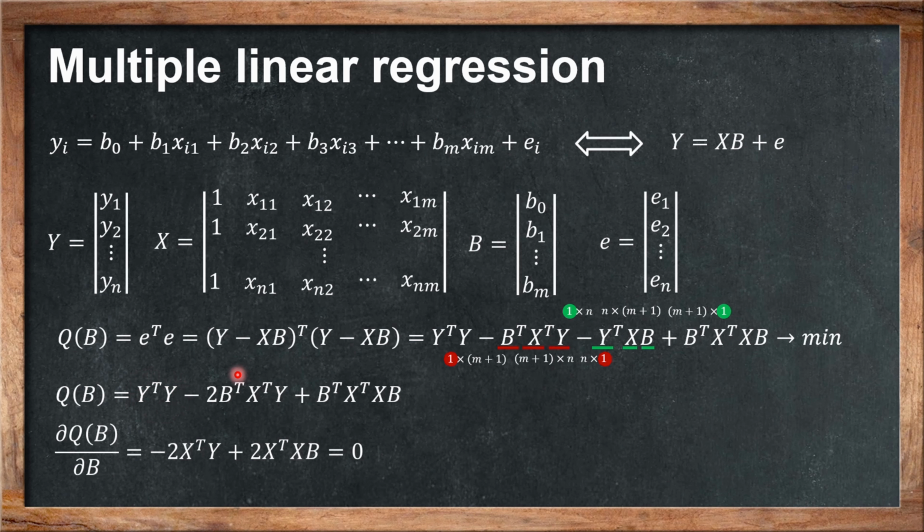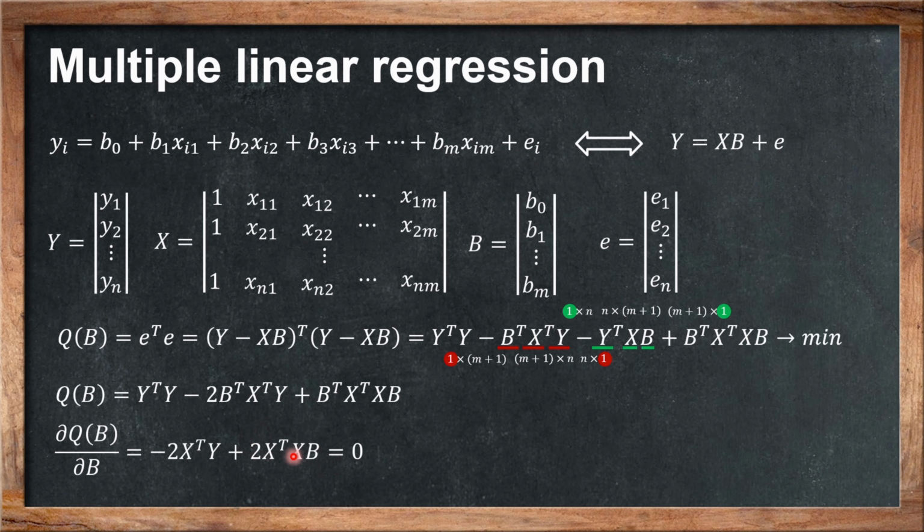Then this one will be equal to minus 2 X transposed y, as if B was just one number and not a matrix. And this one will be 2 X transposed Xb, as if B was just a number and not a matrix, since B transpose B can be perceived as if it is B squared. And then the derivative of B squared is just 2B, which explains this outcome.